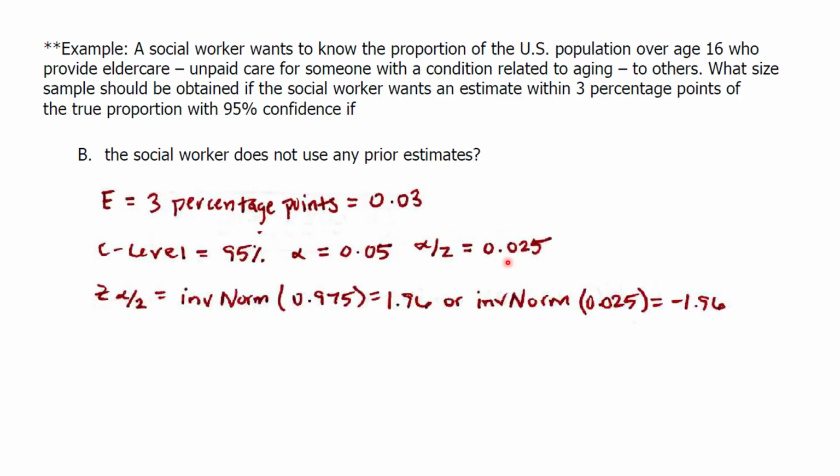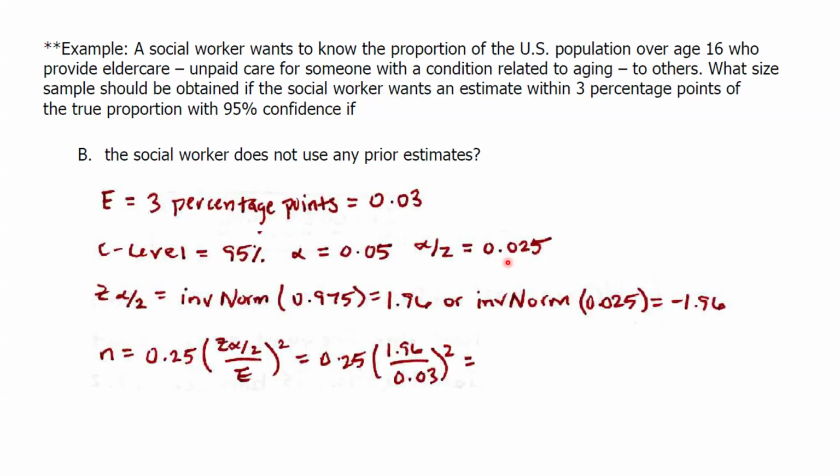So to find the inverse norm of alpha divided by 2, we would substitute in either 0.025 or 0.975, depending on, again, how you look at the area. And we would get negative 1.96 or 1.96, again, depending on which one you do.